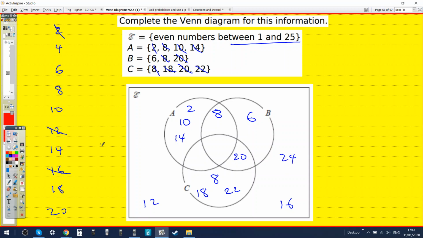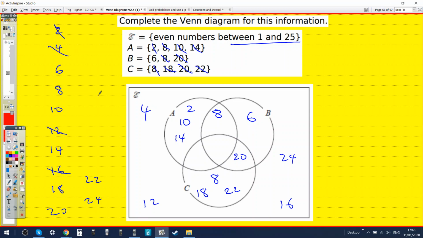So we have, let's see, 22, 24. So we did 2. I don't see 4 anywhere. Yeah, you're probably right. Put it outside as well.